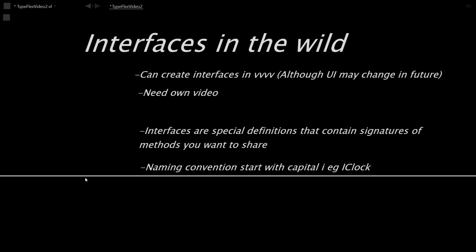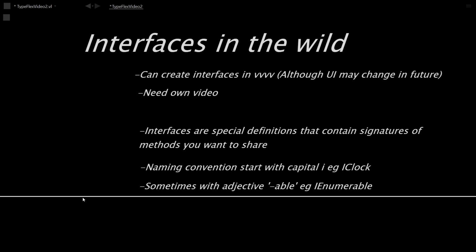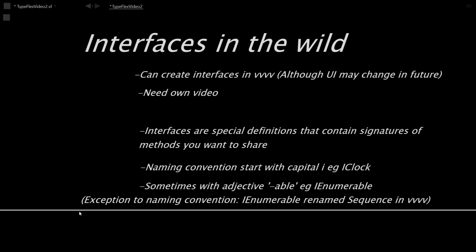For example, iClock. Sometimes you'll see they have an adjective, usually meaning they only do one thing. For example, the interface IEnumerable is adding functionality that means collections, in this case, can be enumerated. And I bring up this one because it's an exception to the first rule. At least in V4, IEnumerable is renamed to sequence.